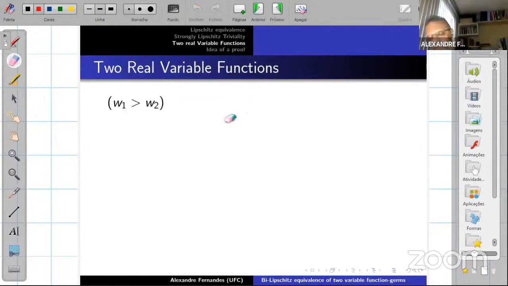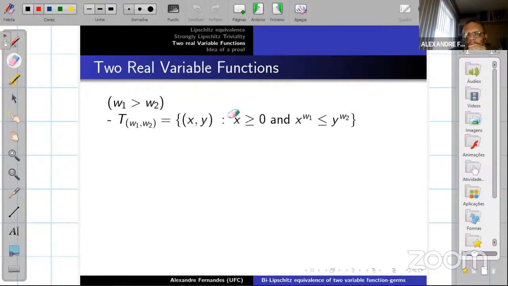Okay, so then in 2008, I started to investigate with Lev Birbrair and Daniel Panazzolo how far the Lipschitz equivalence in the real case is from the analytic one. So then we consider weighted homogeneous functions, weighted homogeneous but not homogeneous.